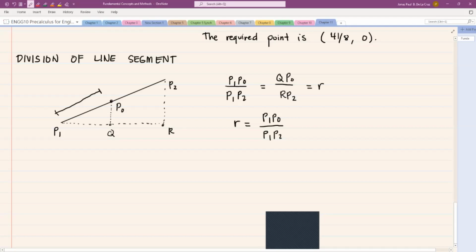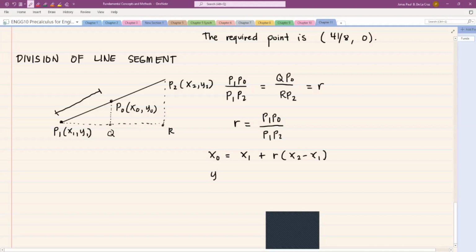Okay? If for example P1 has coordinates x1, y1, tapos itong P2 has coordinates x2, y2, using the similar triangle, we will come up with the x coordinate of PO, tawagin natin x sub O and y sub O. So itong x sub O is equal to the x coordinate ng P1 plus itong R na to multiplied by the difference of their x coordinates.